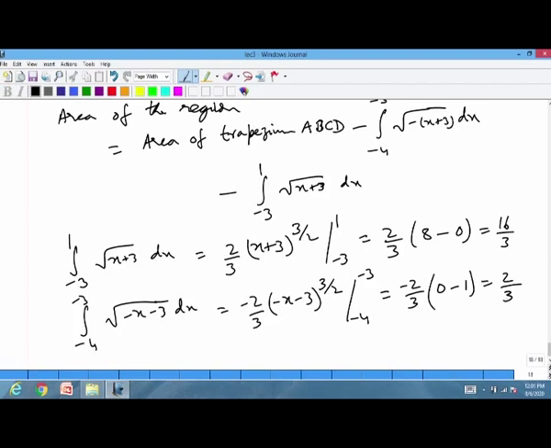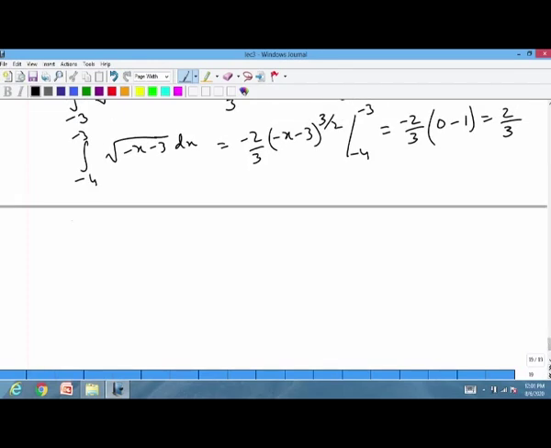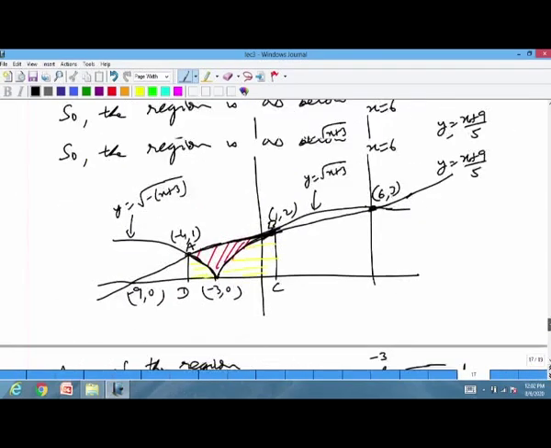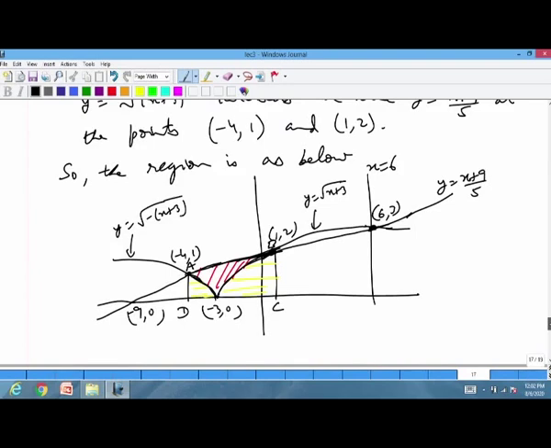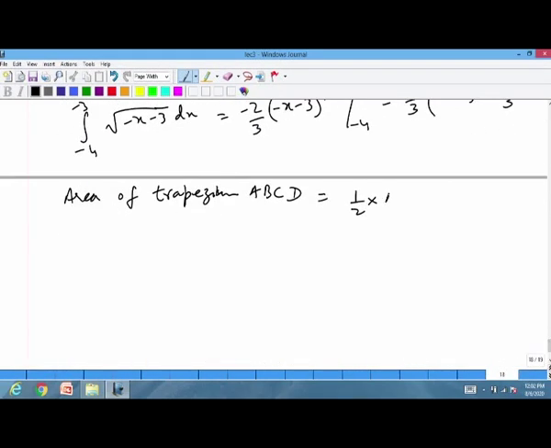And area of trapezium ABCD is equal to half times AD plus BC times CD.